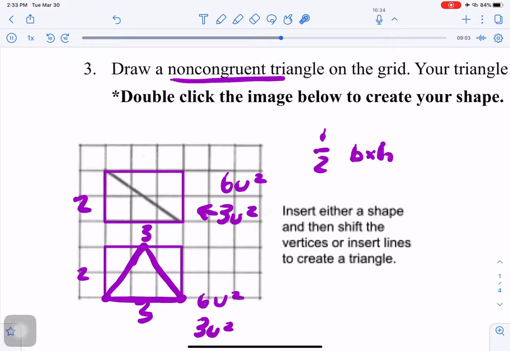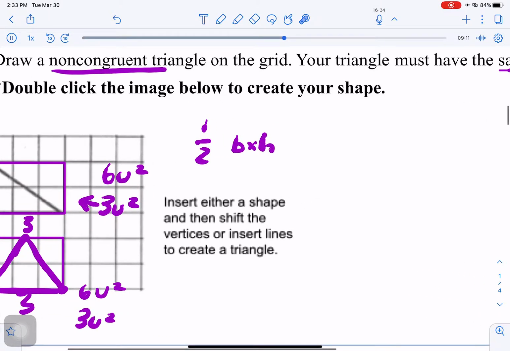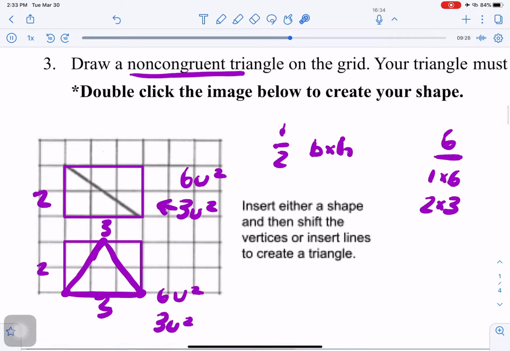Another way to do this, if we want to draw a much different triangle, would be to think about another factor pair that gives us 6. So thinking about factor pairs, I know the factor pairs of 6 are 1 times 6 and 2 times 3. So I could also use, and I'll use a blue marker here, I could draw a 1 by 6.